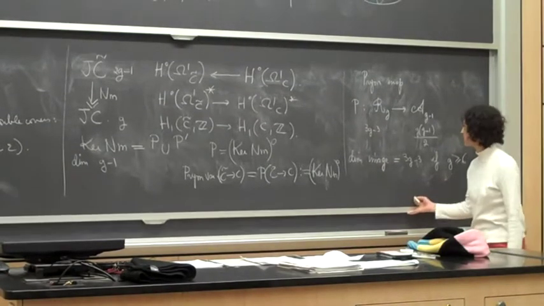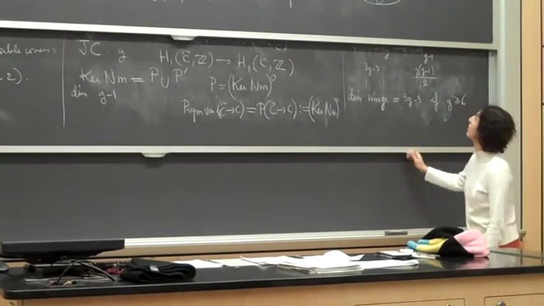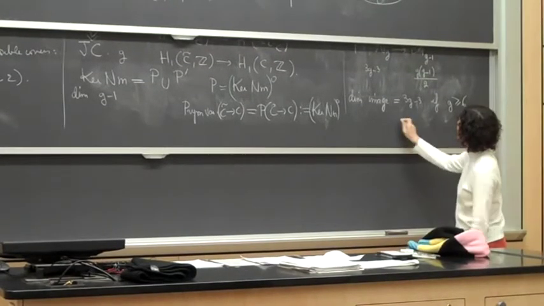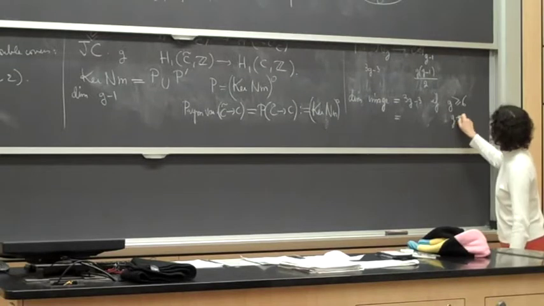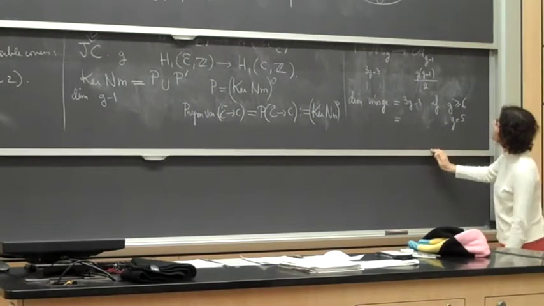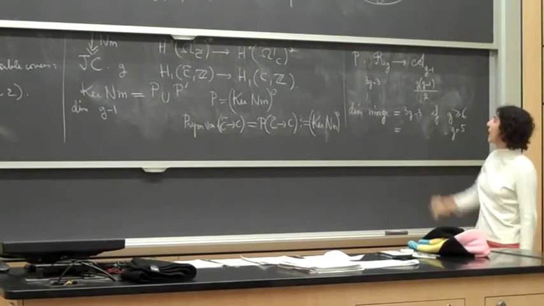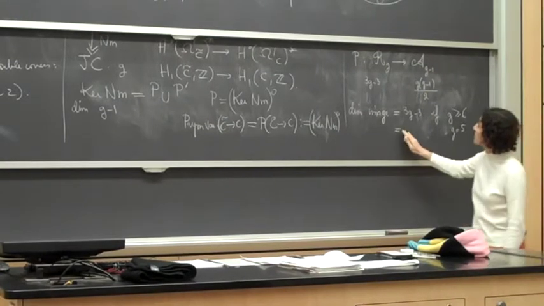So then the other cases are, if G is 5, you're going from R5 to A4, and it turns out that the map is actually surjective.